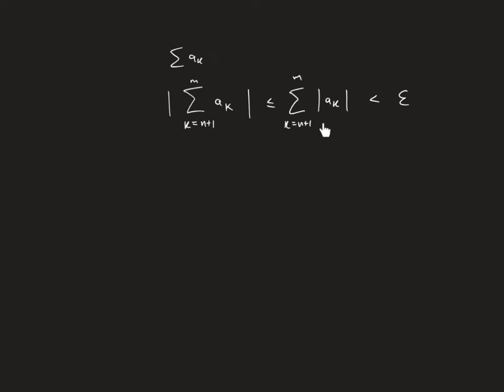So if we can make this tail, this sort of partial tail, less than epsilon for any epsilon, what that means is that we can show convergence of the series of absolute values, right? If we can always make a partial tail like this less than epsilon, essentially what we're doing by the Cauchy criterion is saying that we can make this series here converge. So if this series converges, that happens if and only if these types of partial tails can be made arbitrarily small, for any epsilon.